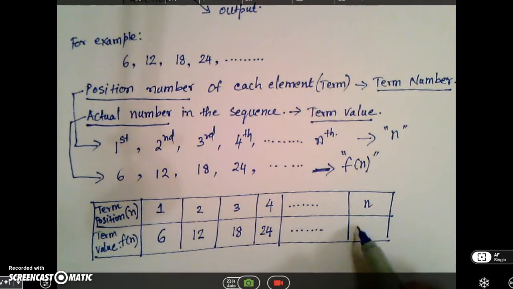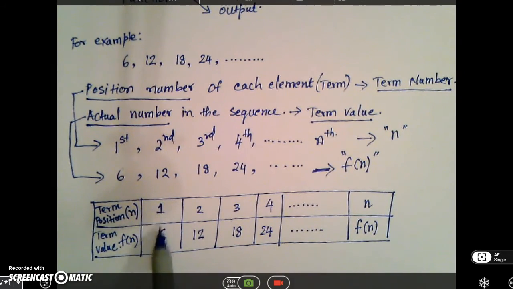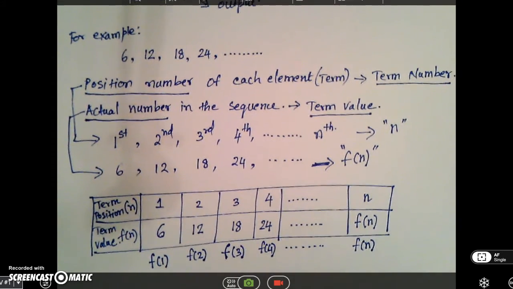I don't know what n is, so I say if I knew it, it will be a function of n. So as we said, this is a function of your position. So this number 6 is my first term value. This is my second term value. This is my third term value. This is my fourth term value. It goes on and on up to my nth term value.